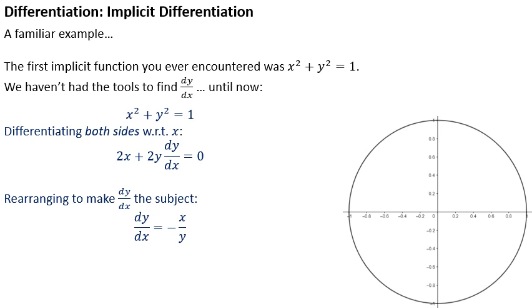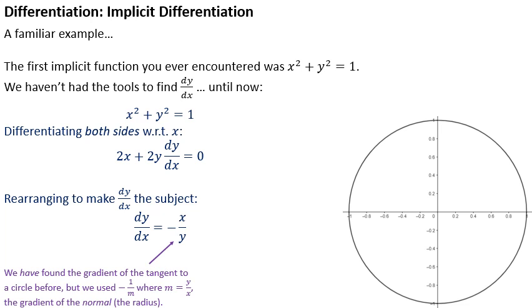There's a trade-off when you have parametric differentiation in that your dy by dx term involves not x or y, but t, this new variable. But as long as you can find the values of t that make the gradient 0, you can find stationary points. You just then need to use that value of t to go back and find x and y. With implicit differentiation, it's a similar idea, but we don't have a new variable appearing. What we do have is a derivative which is defined in terms of both x and y.